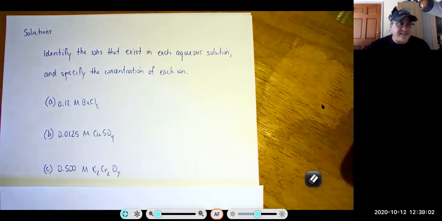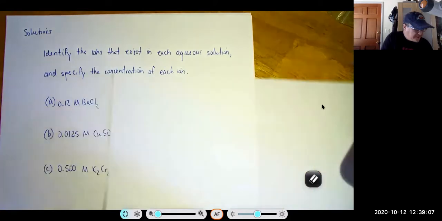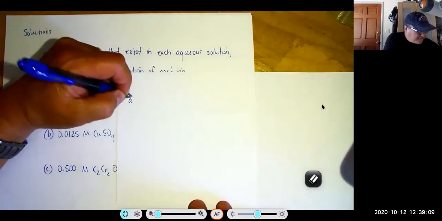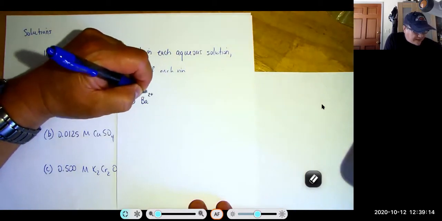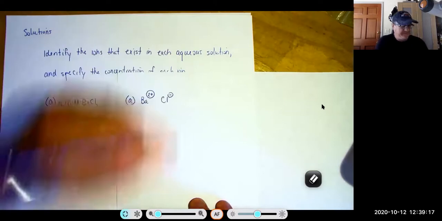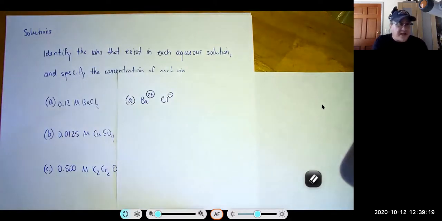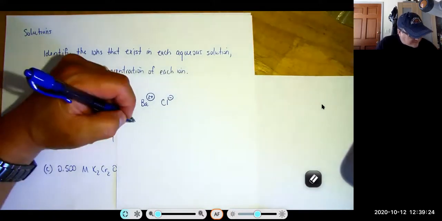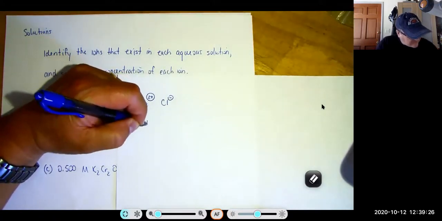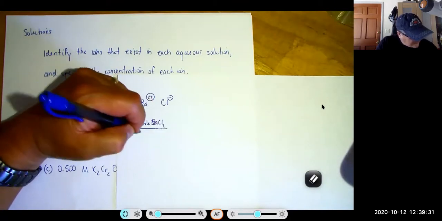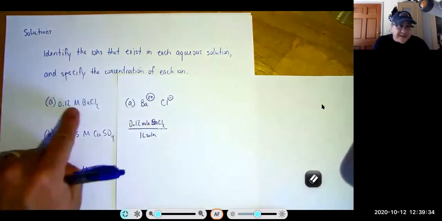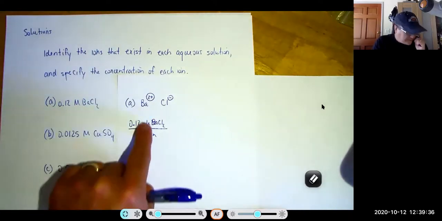Identify the ions that exist in each aqueous solution and specify the concentration of each ion. So for A, we have barium ion and chloride ion. So those are the ions that exist. Specify the concentration. So I'm going to take that and write it out as moles per liter.